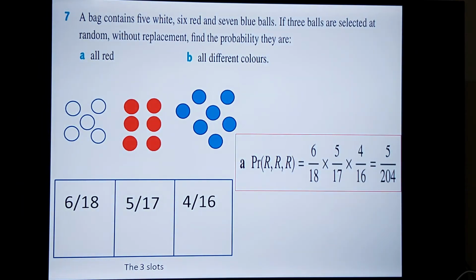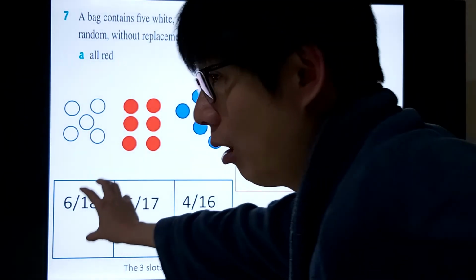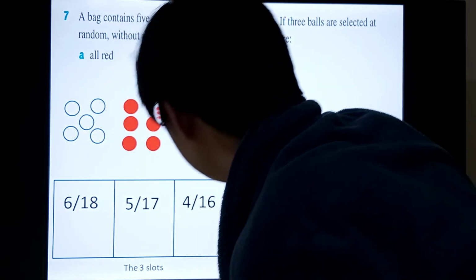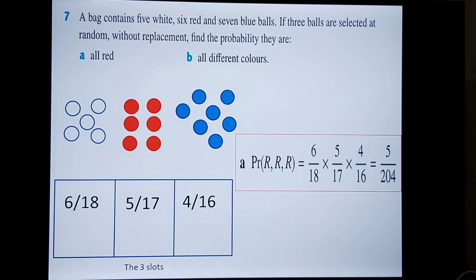So the first attempt. How many red balls do you have to begin with? There are 6 of them. So altogether, how many balls are there? There are 18 balls. So the probability of the first slot is 6 over 18. Say you have taken 1 red ball already, because it must be all 3 red.